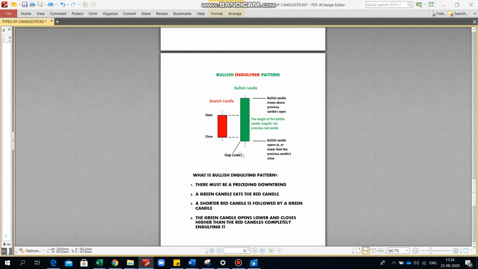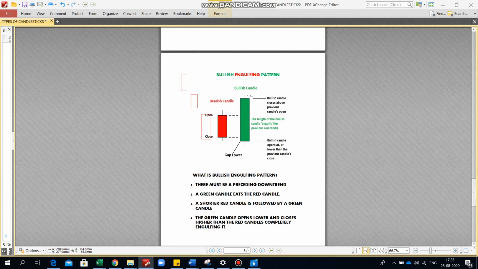So what is a bullish engulfing pattern? Engulfing means eating. Okay, so let's say there is a preceding downtrend movement. You'll see prices are going down, down, down, and at this point one big green candle happens, which eats this red candle.